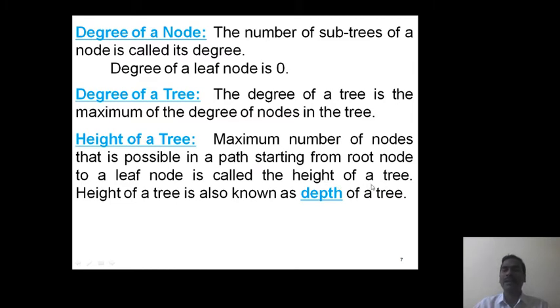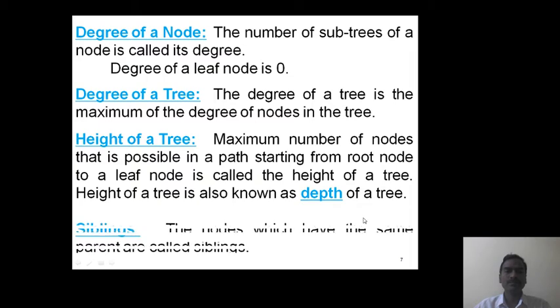The number of nodes available in this path is its height. Height of a tree is also referred to as depth. Now siblings. Nodes which have the same parent are called siblings. These are the different terms associated with the tree data structure.